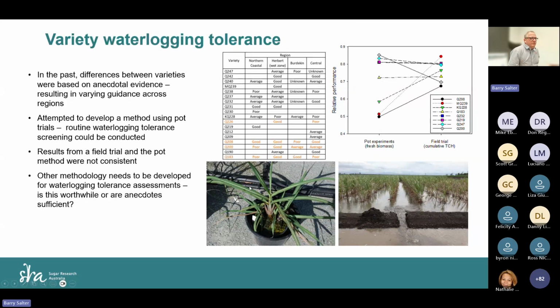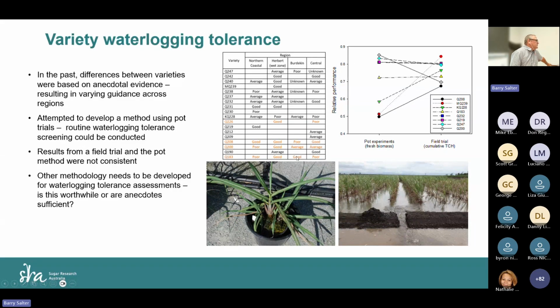So what we tried to do was have a look at variety tolerance. But one of the things we encountered, and this is from some of the information in QCane Select back in the BSES days, was the varieties had different waterlogging ratings in the different regions. So you could see, for example, that Q183 was considered a poor waterlogging tolerance variety in the northern coastal area, but it was apparently good in the Herbert.